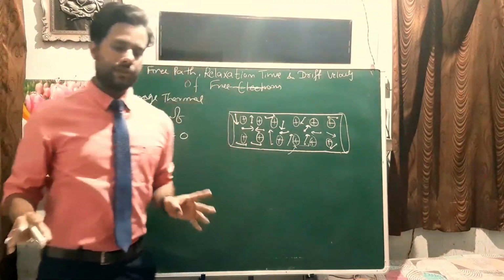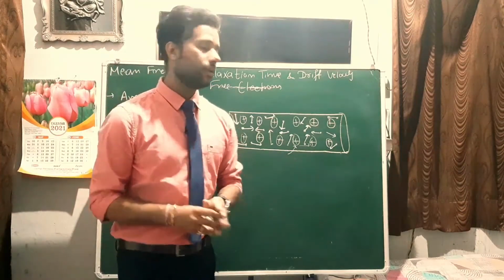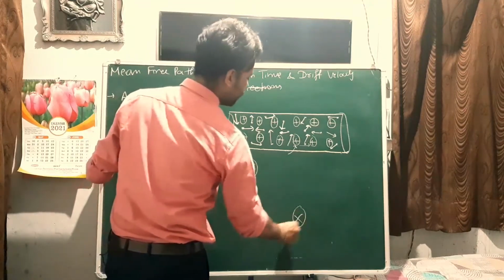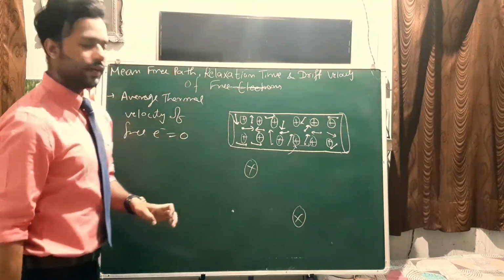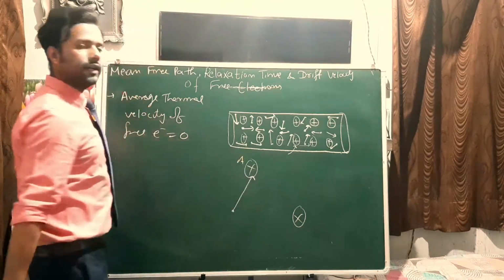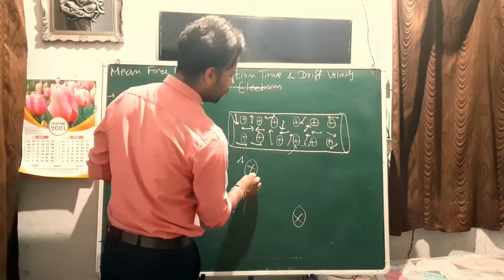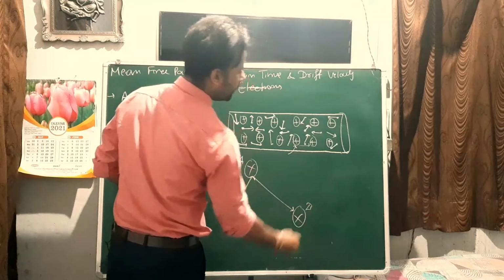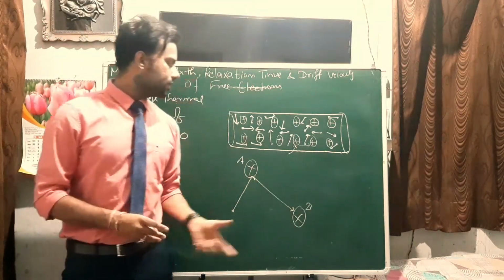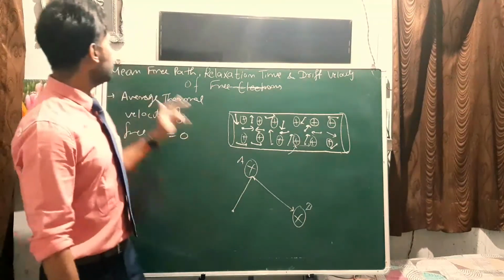Now there are some definitions. Mean free path. What is mean free path? Suppose an electron started its journey from here, right? It goes like this and collides with, let's say, ion A. Then after collision, it moves toward this ion and again collides with ion B. So you can see that it covers some distance between two collisions, and this is nothing but the mean free path.